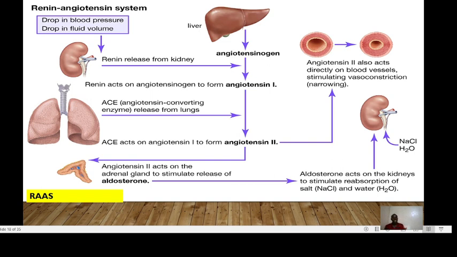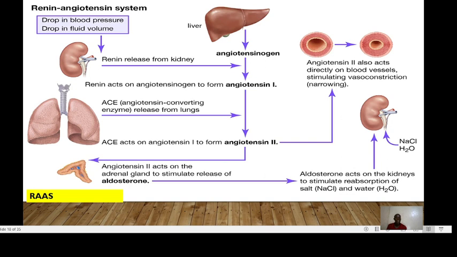So once this enzyme has been released, it will convert angiotensin 1 to angiotensin 2. Remember, angiotensin 2 can act directly on the blood vessels because it is a potent vasoconstrictor. It stimulates vasoconstriction and narrowing, which consequently leads to an increase in blood pressure.